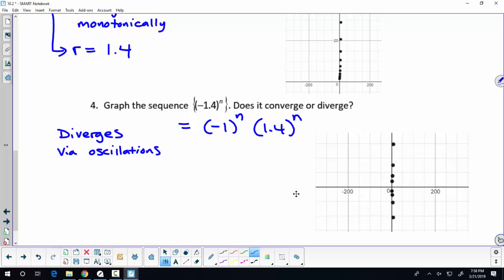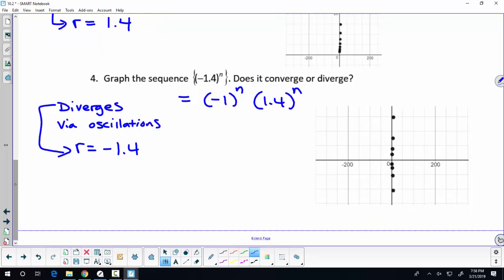All right, so the ratio here, negative 1.4, diverges. So I don't know if that's enough to determine a pattern with geometric series or sequences and what converges or what diverges.